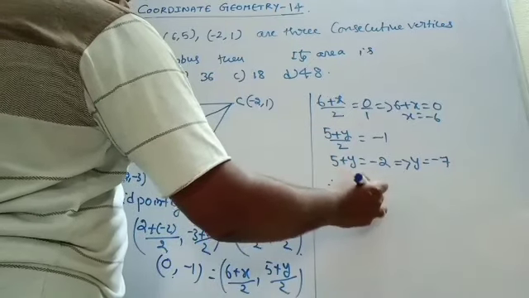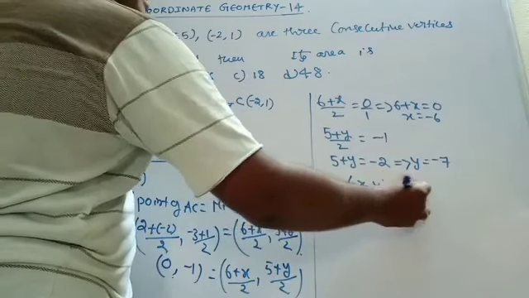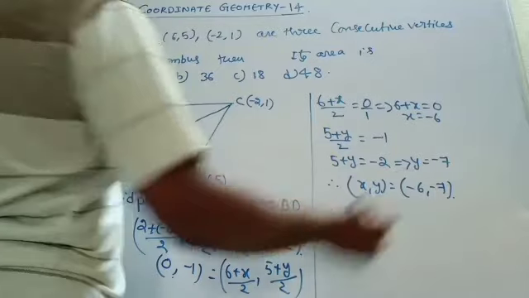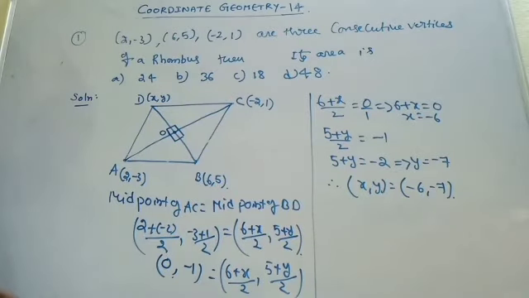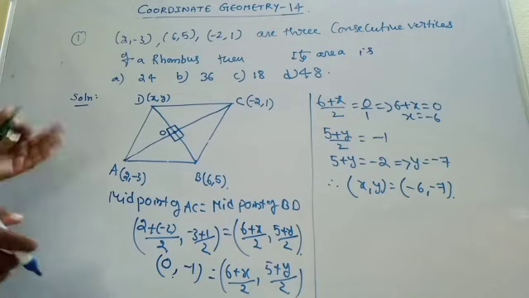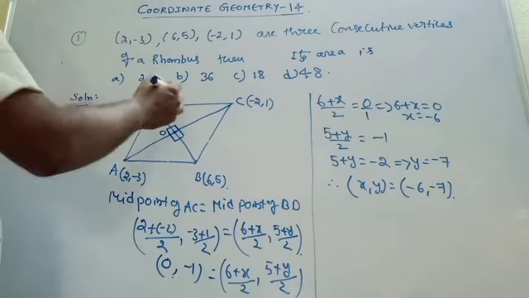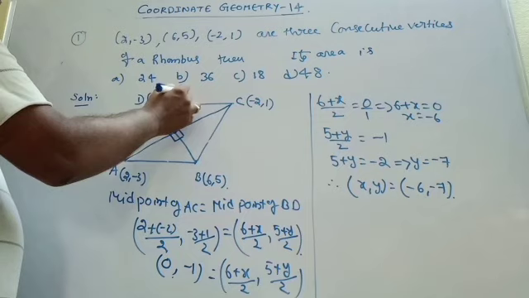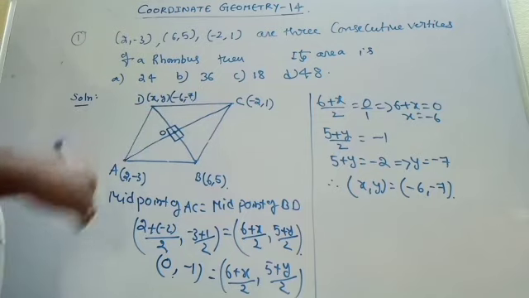Therefore you have got the fourth vertex as (-6, -7). But it is not necessary.